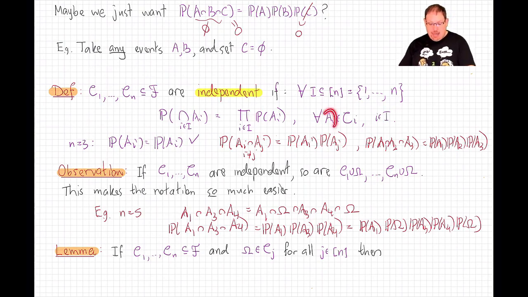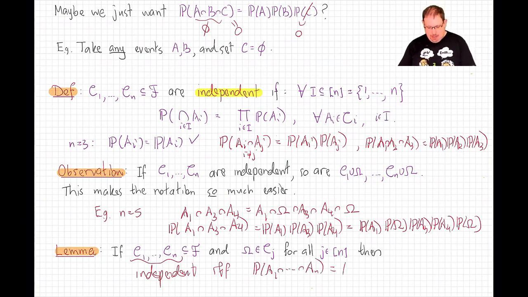And so allowing the events Ai to include elements of the class Ci and the whole sample space, in other words, by including the sample space in Ci, we can restate independence as just requiring that if I have classes C1 through Cn that, without loss of generality now, we'll assume include the whole sample space, they are independent if and only if the probability of the intersection of A1 through An is the product of the probabilities of Ai, for all choices of Ai in Ci, because Ci includes the whole sample space.